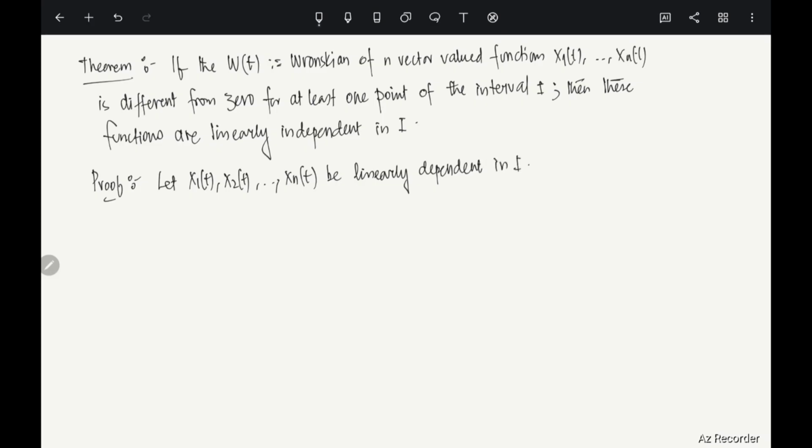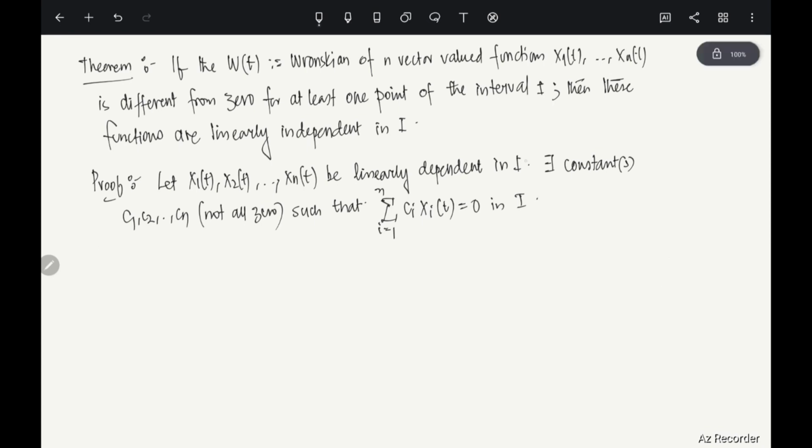If that is the case, then there exist constants C1, C2, up to Cn, not all 0, at least one of them non-zero, such that the summation, i equals 1 to n, of Ci xi of t is 0 in I, whatever the interval is. That's the definition of linear dependence.